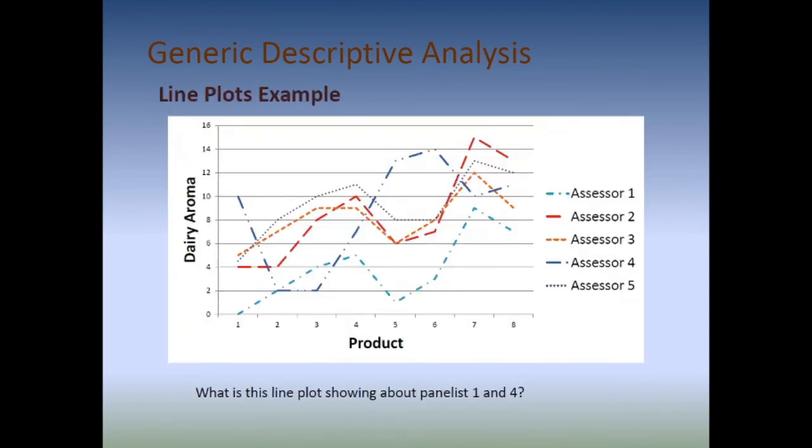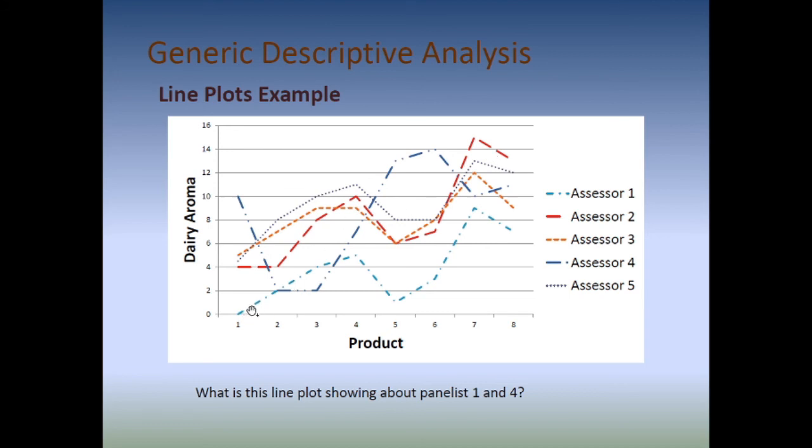I'm going to just jump through this a little bit quicker here. These would be examples. So let's just do a quick little talk about this panel. What do we see here with this panel? What do I see here? I see a general consensus between assessor 5, assessor 3, assessor 2. Do you see that same patterning?